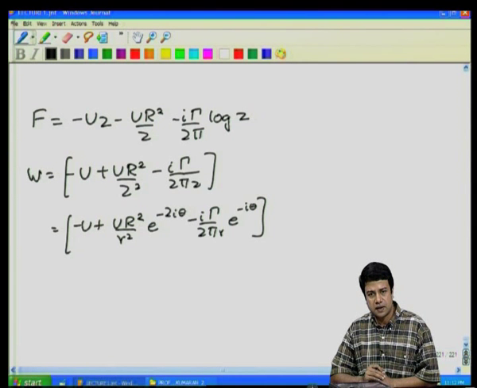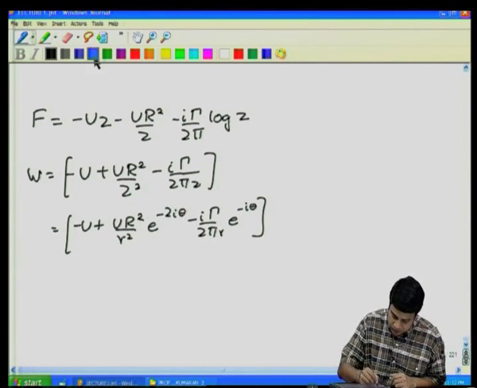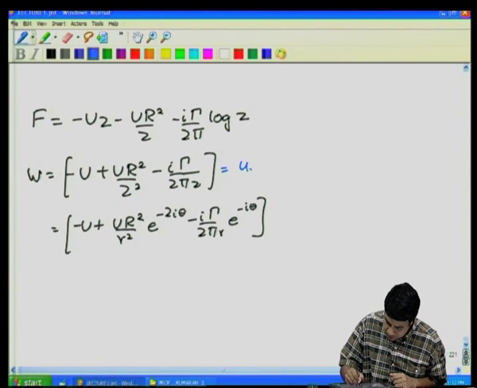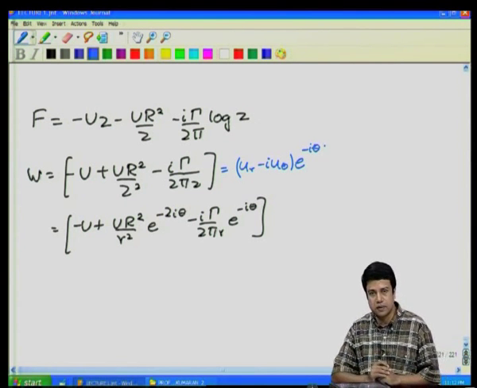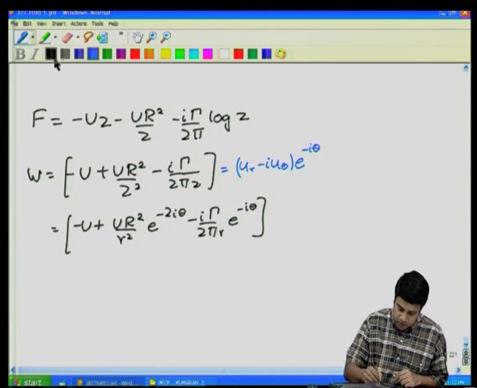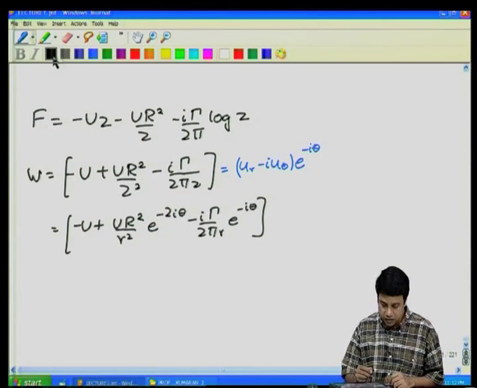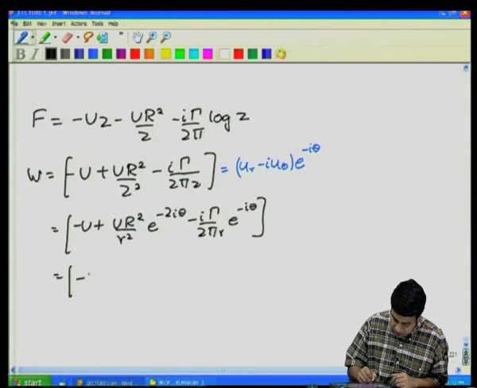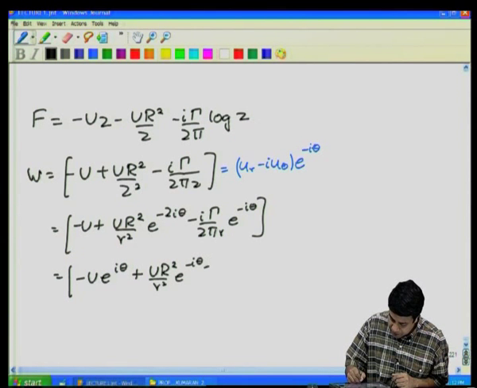And I'd like to take e power minus i theta out, because I know that this has to be equal to u_r minus i u_theta, e power minus i theta. I know that it has to be of this form. So I prefer to take e power minus i theta out and write this as minus U e power i theta plus U R squared by r squared e power minus i theta.